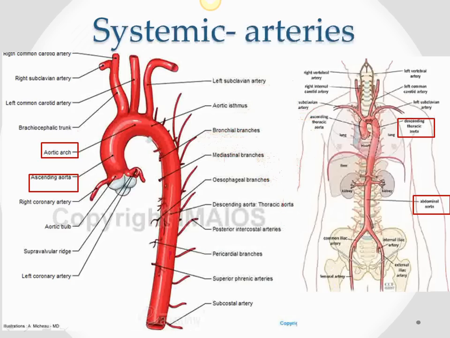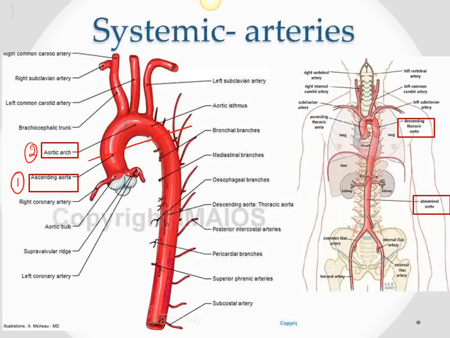So if you look here, let's start with the aorta, which is this part. It has various parts to it. The first part of the aorta is known as the ascending aorta. It comes off of the left ventricle, and at about the sternal angle, we call it the aortic arch.